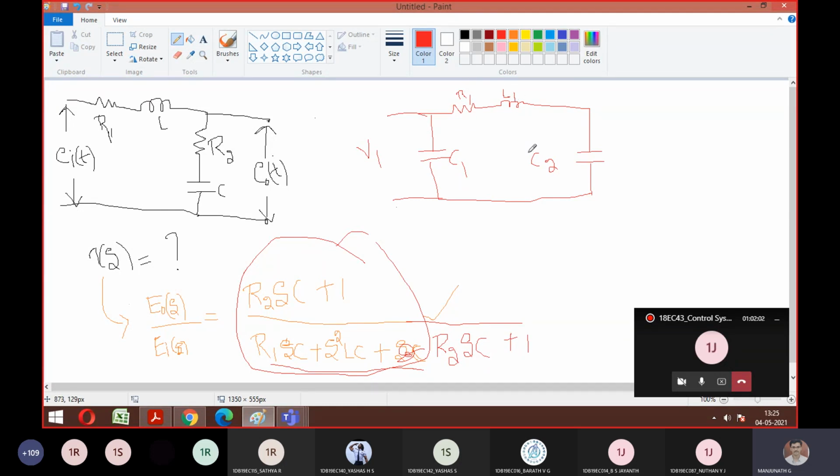If it is only this much, you use the same procedure, but here an extra section is there. R2 and L2 have been added. After this is what you can expect, V2 is what they're telling. So the question is visible to everyone?